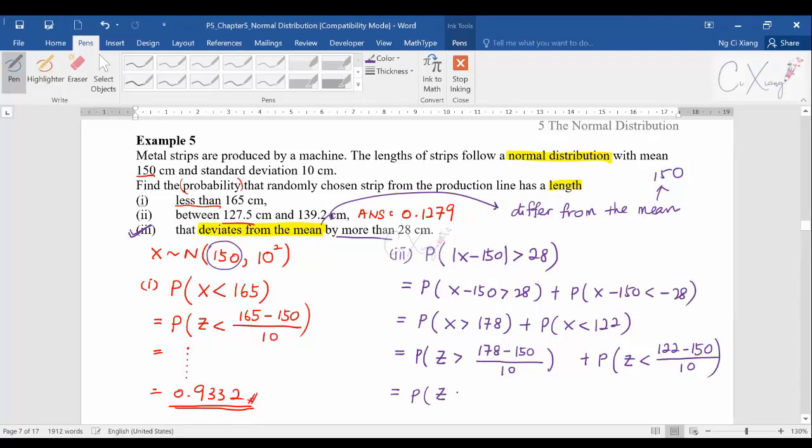Okay, then what do I have here? I will have z more than 2.8 and also z smaller than negative 2.8.